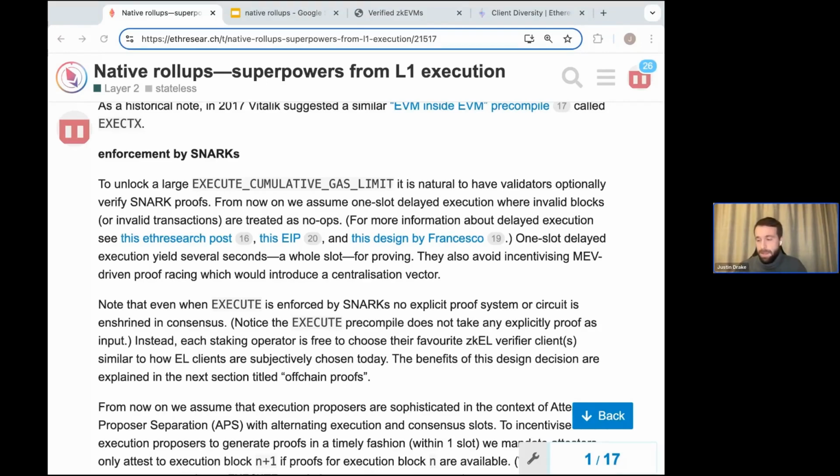But Reth is a late mover in some sense. It's a very recent client, and it only moved away from its alpha status quite recently, and so it's only those that are willing to live on the bleeding edge that are running Reth. But I do expect the popularity of Reth with the validators to grow quite significantly in 2025 and 2026.